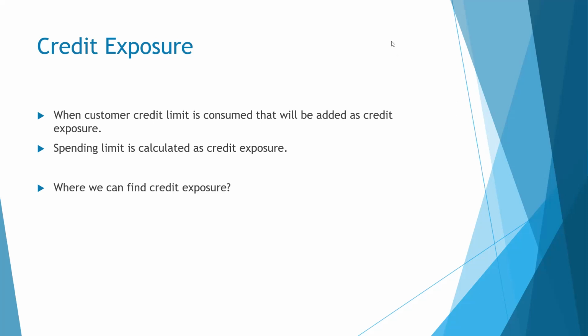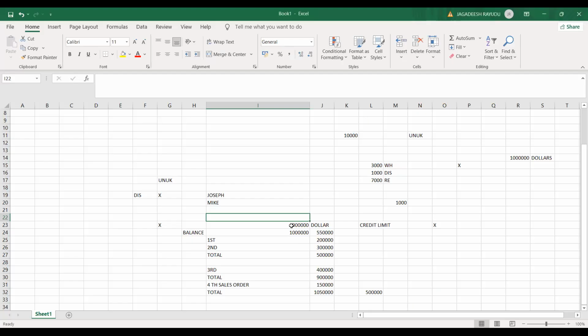So let me add the Excel. If you see, this is the credit limit, which the company initially gave to the customer.